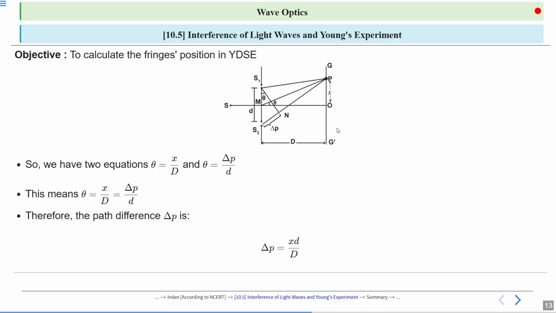Delta P equals x d upon capital D. This formula shows the path difference is directly proportional to the fringe position x and the slit separation small d, and inversely proportional to the distance capital D between the slits and the screen.